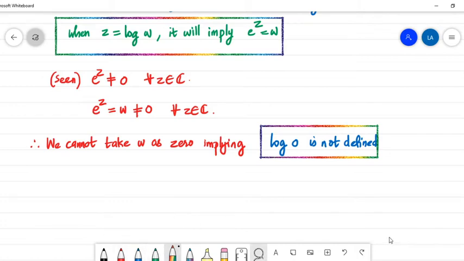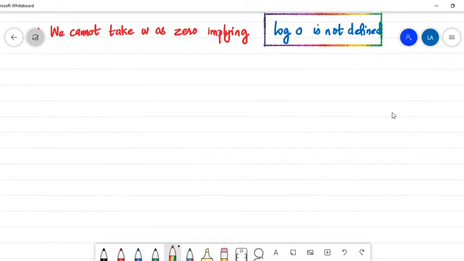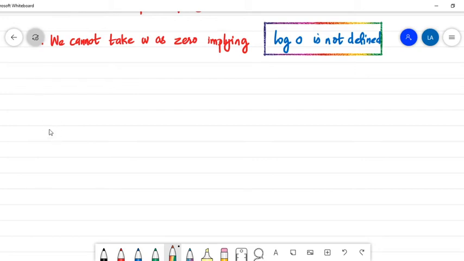Now, suppose we are letting w not equal to 0, and suppose we are assuming that e raised to z is equal to w.